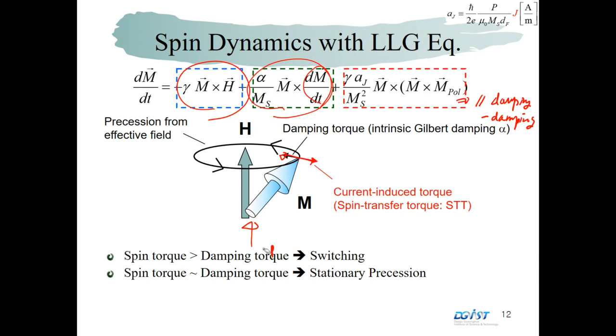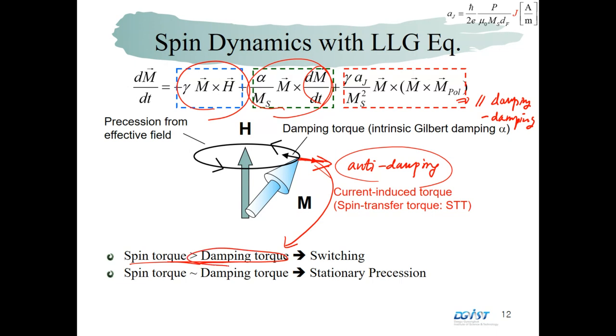So that means if we generate large enough torque in this direction, it is called the anti-damping. Damping is an energy dissipation process, so it lowers the system energy. But with the STT, they can give energy to the spin, or in other words, they can excite the spin. So if this is large enough, they can switch. If the spin torque is larger than the damping torque, the switching can occur.